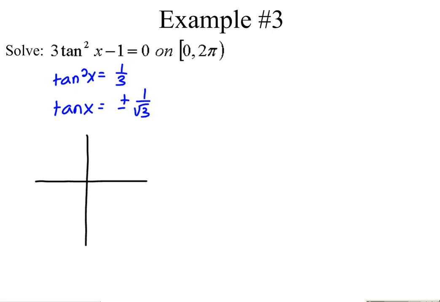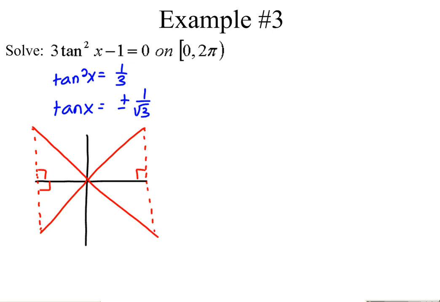So here when we go to draw our reference triangles, we're talking about tangent being positive and negative. Well, we know tangent is positive in 1 and 3, negative in 2 and 4, which means we're going to have reference angles in all 4 quadrants. Tangent now is opposite over adjacent.